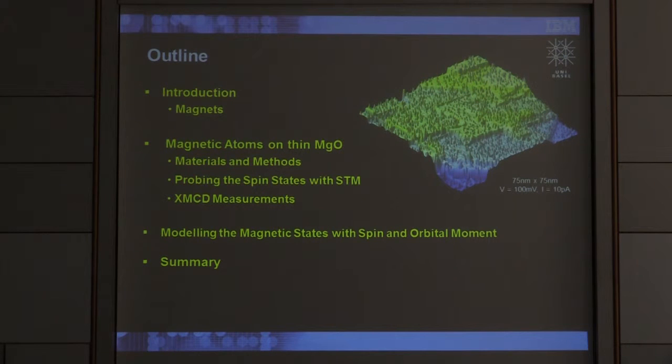If you have questions, just interrupt and let me know. And then I really want to focus on modeling these magnetic states with a very simple model to figure out the spin and the orbital properties of these atoms on surfaces.